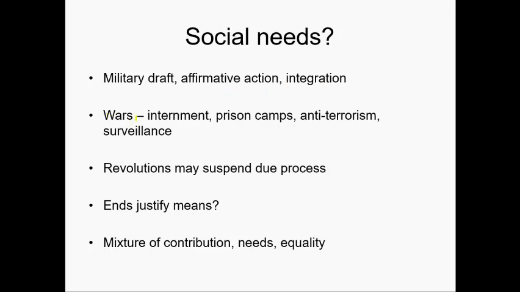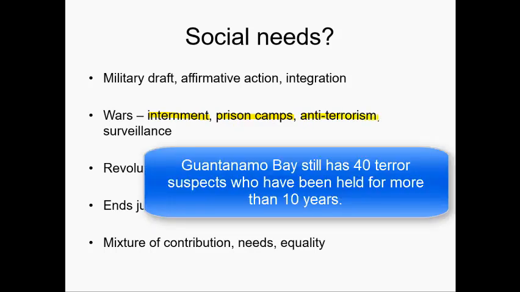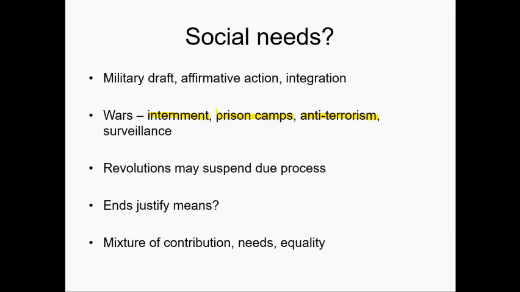Being in war itself has resulted in internment camps, such as the internment of the Japanese during World War II. Even the war with Iraq, we had some prison camps where even some of the prisoners' rights were determined to be violated. The push for anti-terrorism tactics could be potentially obtrusive on our privacy, as well as the surveillance to try to prevent terrorism that I just mentioned earlier.